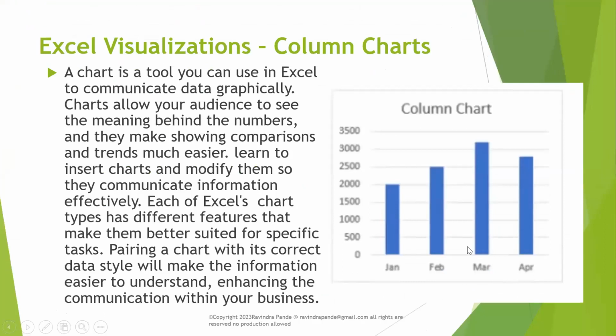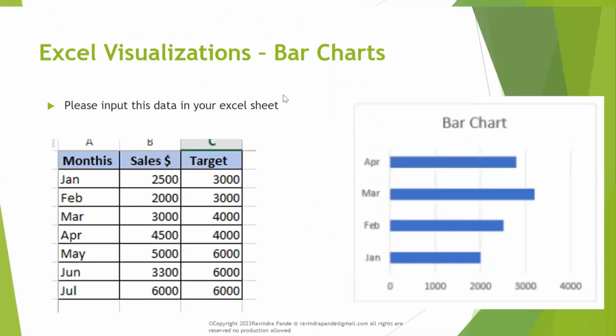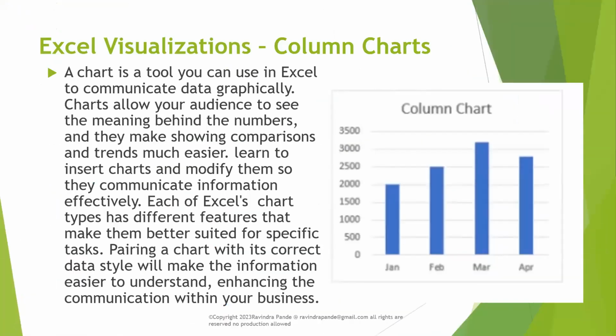Let's start with the simplest chart, called column charts. Why is it called column? Because these are vertical columns. A chart is a tool you can use in Excel to communicate data graphically. It allows your audience to see the meaning behind the numbers and makes comparisons and trends much easier.